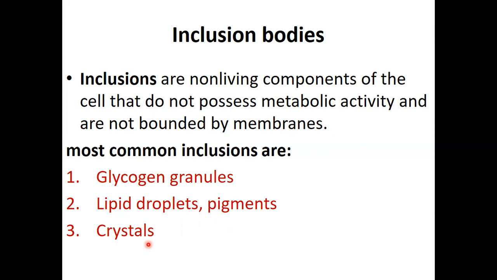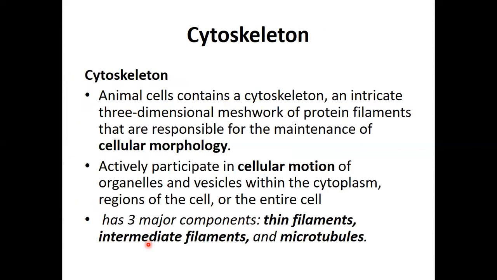That's all about the cellular organelles. What about the cytoskeleton, the last part of the cell we discussed? We said cytoplasm is divided into 3 parts. Cytosol, which is the fluid part or aqueous environment, then organelles, then cytoskeleton. So let's quickly look at cytoskeleton.